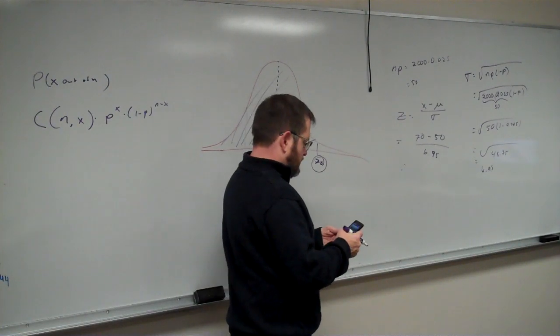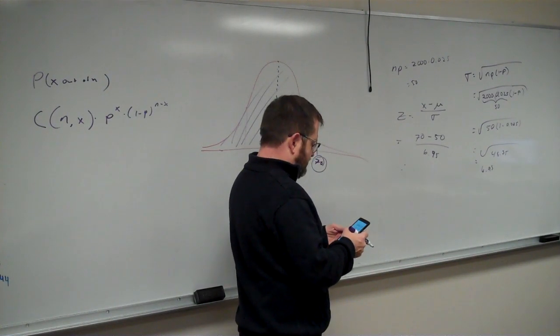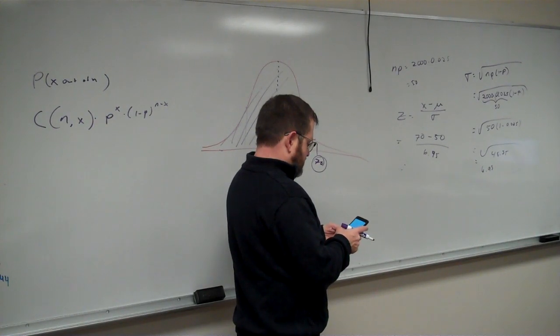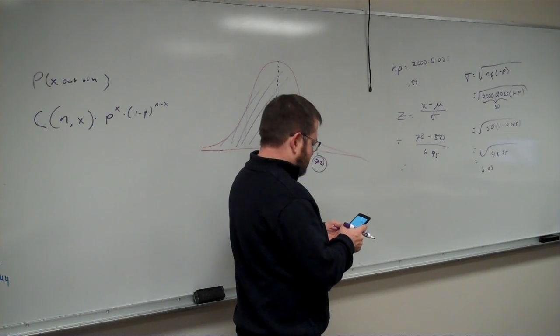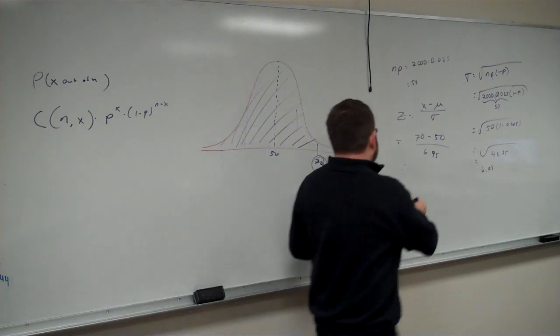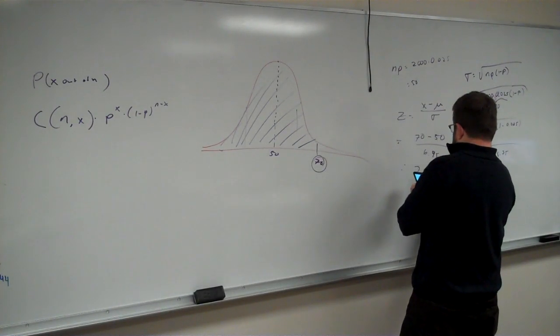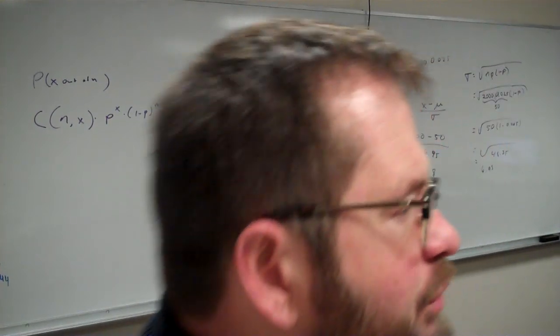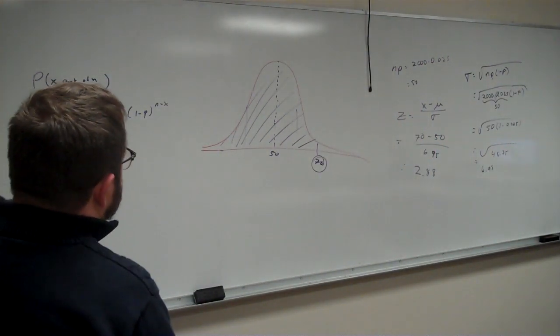So that's 20 divided by that number. 20 divided by 6.95, roughly, is equal to 2.88, roughly. So we are 2.88 standard deviations from the mean.